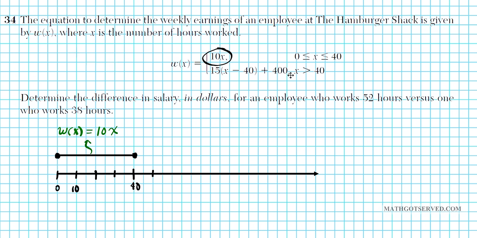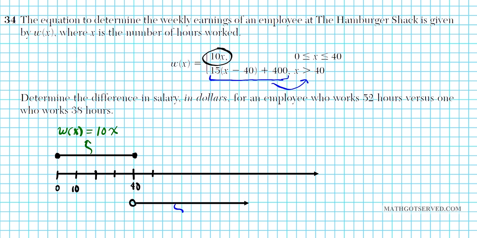All right, so how about the second interval, x greater than 40? Well, let's go ahead and draw a number line for that. So from 40 to infinity, 40 excluded, so we have an open circle here. What function is active? We have this function active on this interval right here, x is greater than 40.